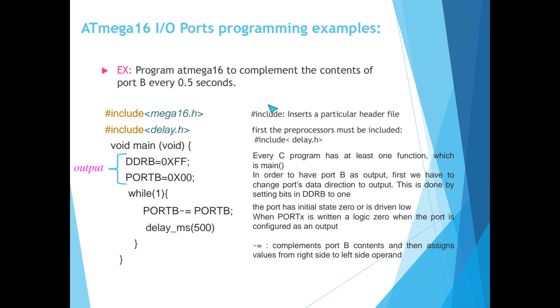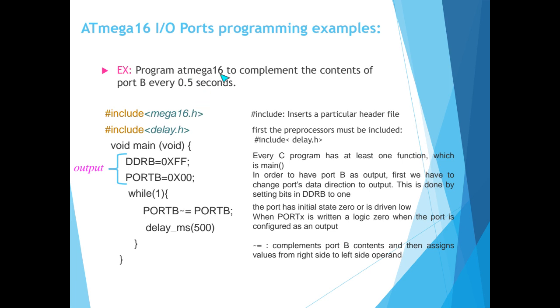There is another example that wants us to program ATmega16 to complement the contents of port B every 0.5 seconds or so. To do that, again, we need to initialize our code, meaning that we need to use our preprocessor for initializing ATmega16, because it wants us to program ATmega16.